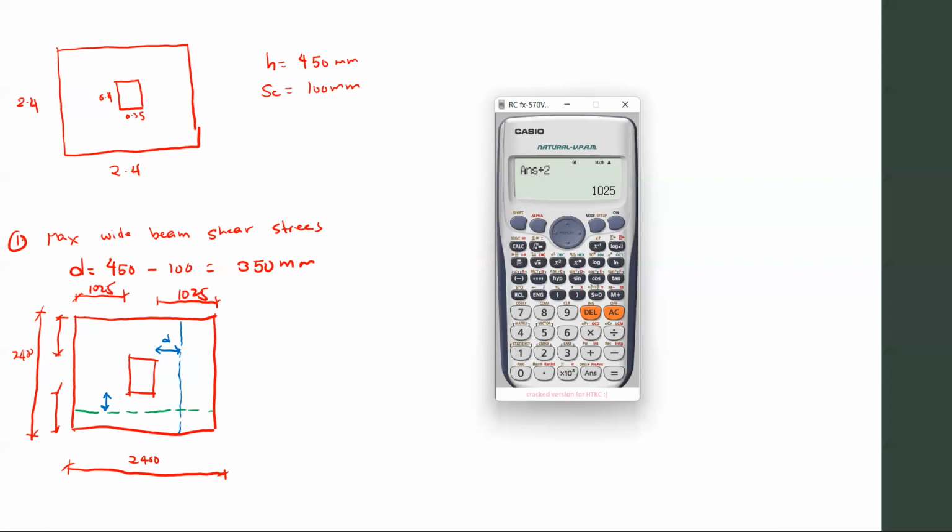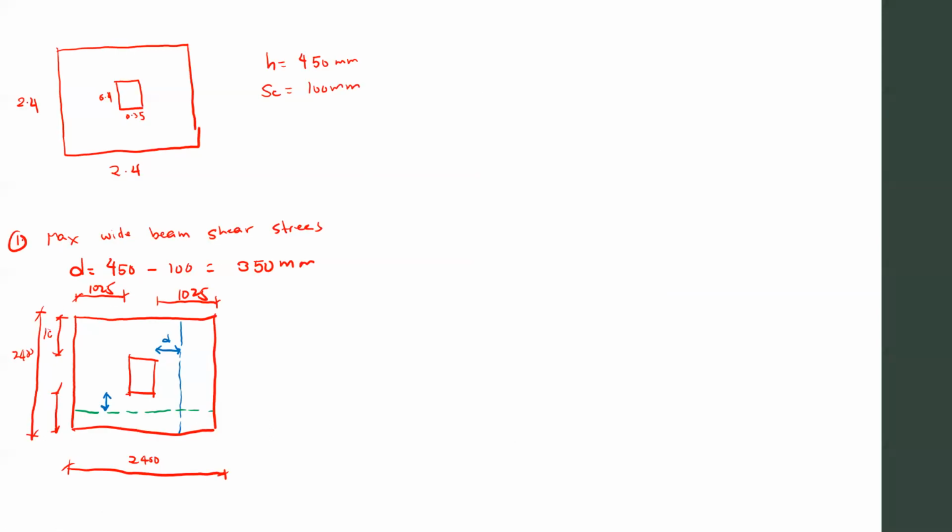Next, doon naman sa isang side, that is 2,400 minus 400 divided by 2, you have 1,000. So this is 1,000. This is 1,000, and this is 1,000. Okay. So therefore, yung length na to is 1,025 minus d, and this is 1,000 minus d.